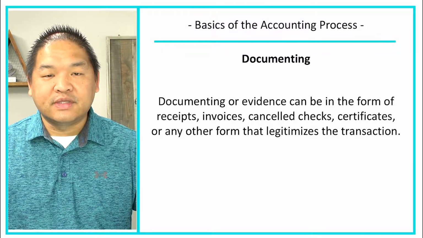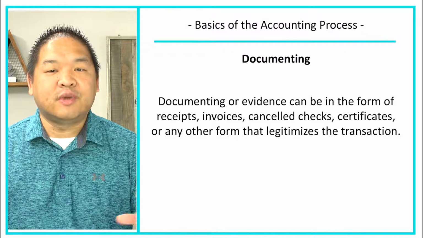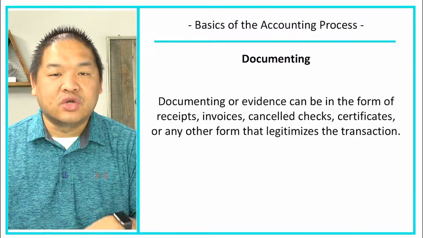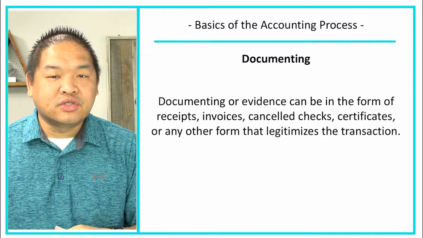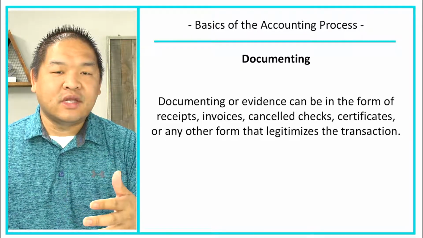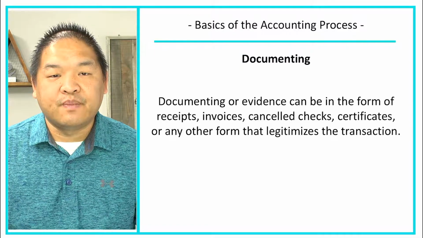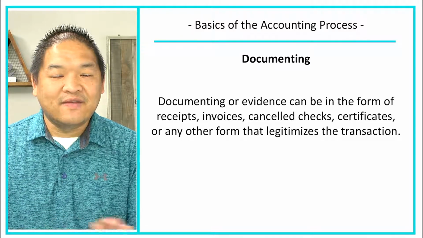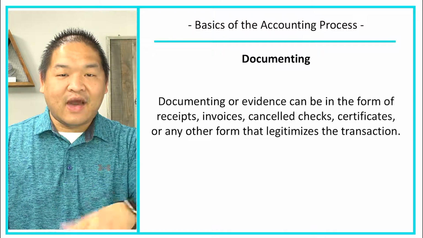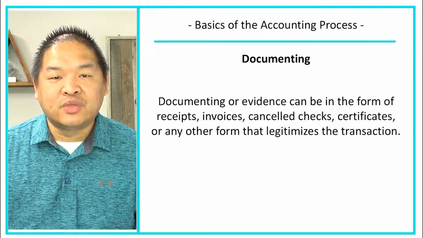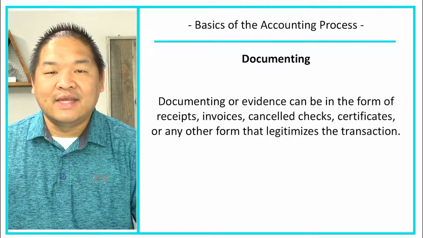So third-party receipts, third-party documentation is much better because we can verify that with a third party rather than internally. Does that mean that we don't have internal documentation? No, that's not the case at all. One of the things that you're going to learn later on is depreciation, which is a calculation. And nobody else is going to give us that calculation other than the accountants, who have to actually do the calculations to figure out how much depreciation expense we're going to put into the books.